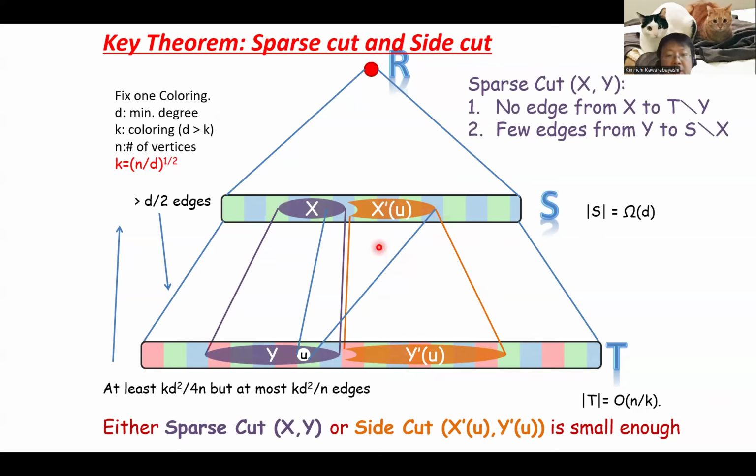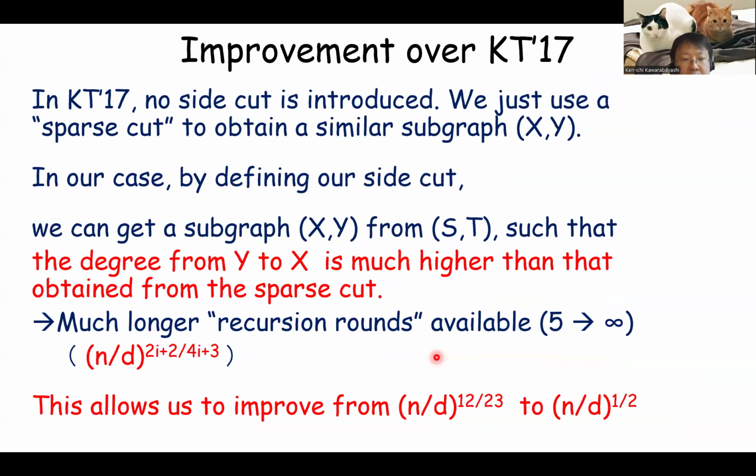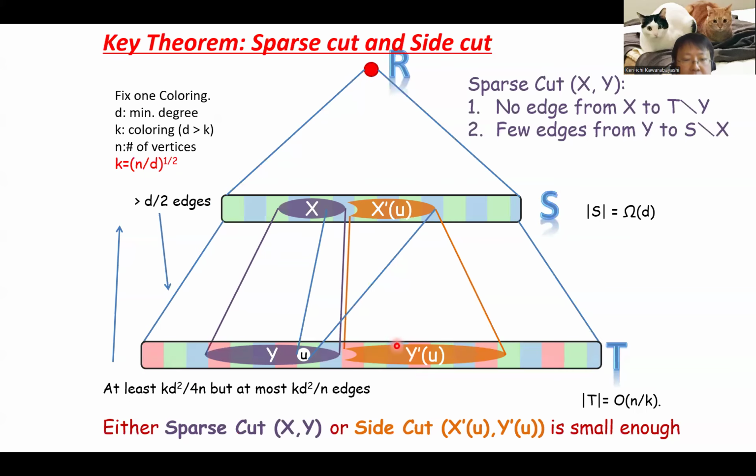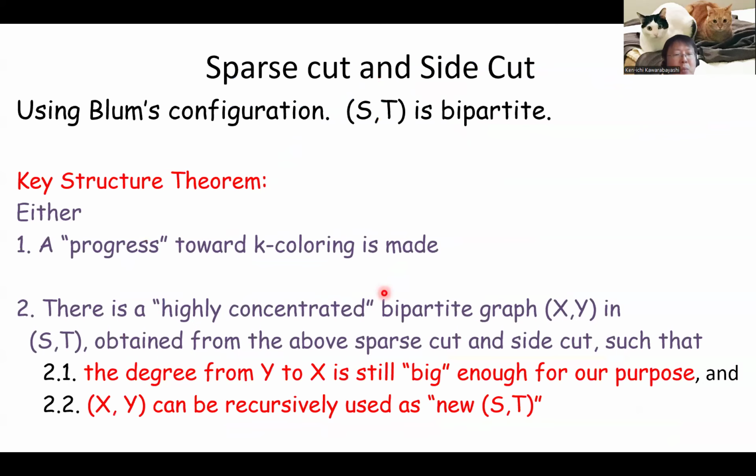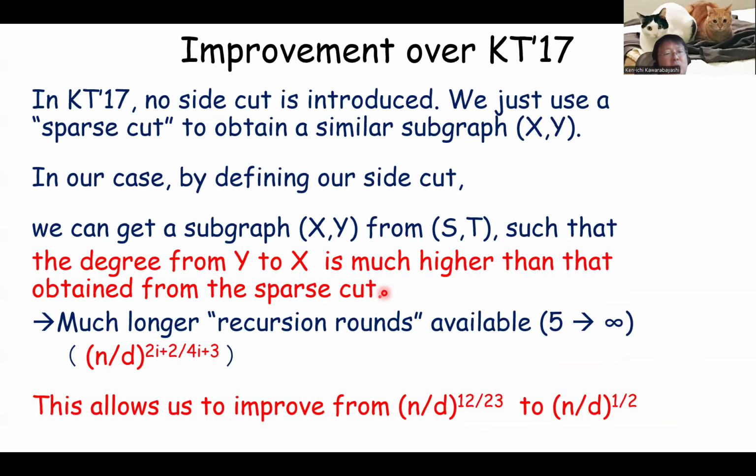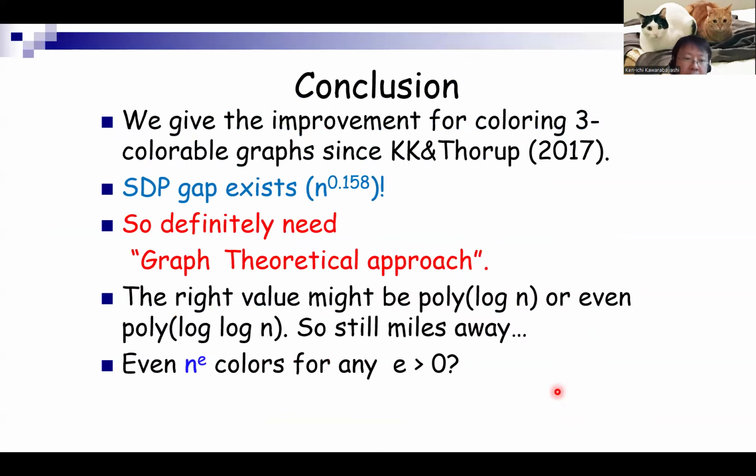So the next iteration will be here, and in our previous work, we look at this one. The difference is that the degree from y to x is much higher than this. So that gives us a much longer recursion. In the previous paper we have only 5 rounds, but here we have almost an infinite amount. So this allows us to improve from n over d to the 12/23 to n over d to the half.